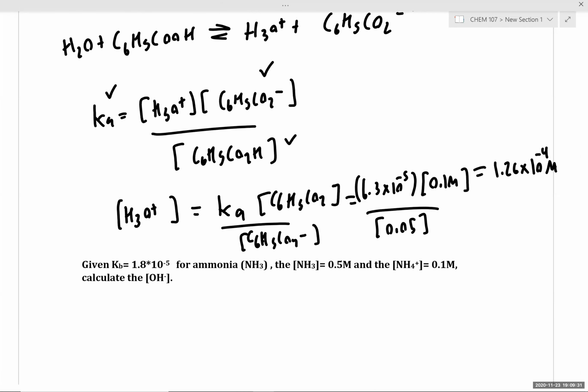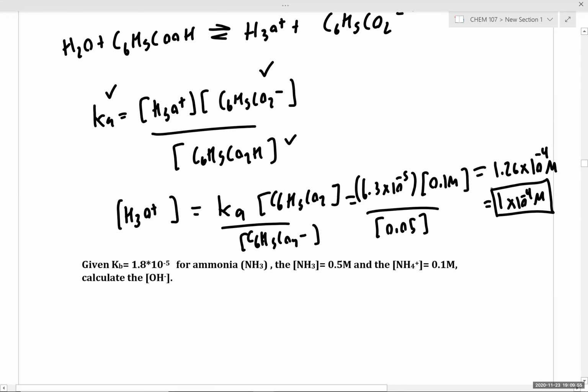We take 6.3 times 10 to the negative fifth times 0.1 over 0.05. And that gives us 1.26 times 10 to the negative fourth, which we round following sig figs to 1 times 10 to the negative fourth molar.